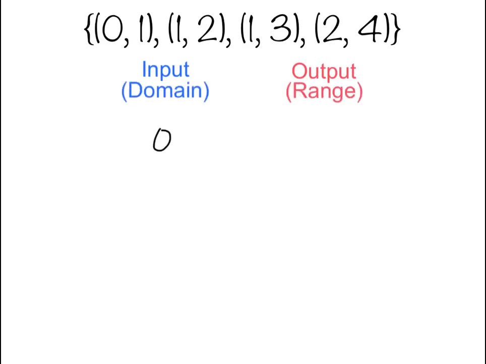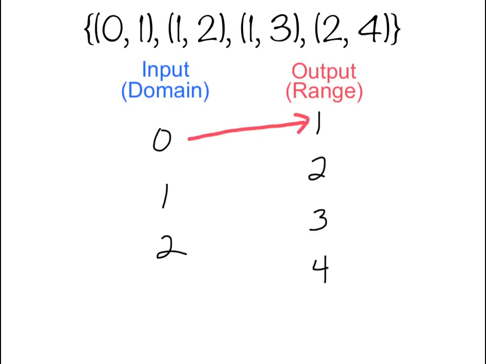To fill in our mapping diagram, all we need to do is simply list the domain values and the range values in order. I only have 3 sets of numbers on this side because one is shared by 2 of the ordered pairs, so I've only listed it once, while for our range we have 4 sets of data because we have 4 unique values for each of those ordered pairs.